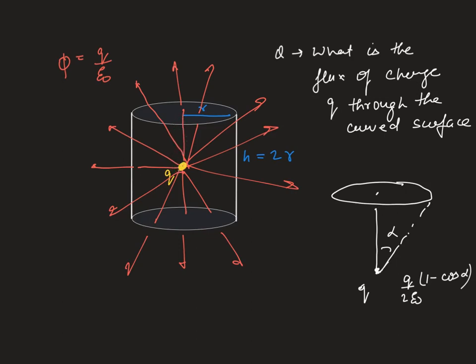Why is it r? Because the height is 2r, so half of it is obviously r. So this distance is r, and the radius of that disk is also r. So if both are r, the angle alpha is how much? 45 degrees, obviously.